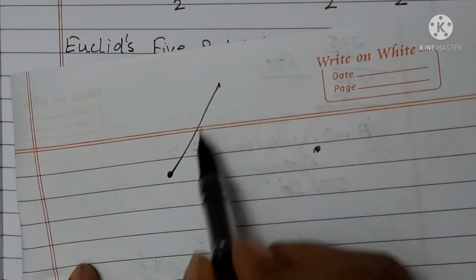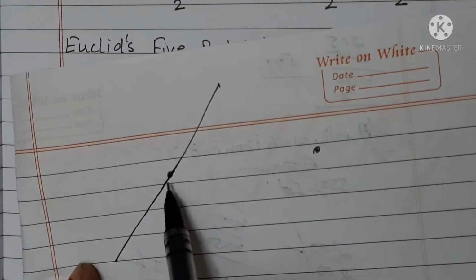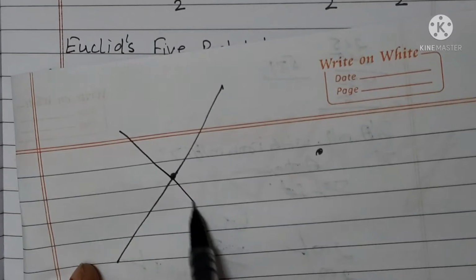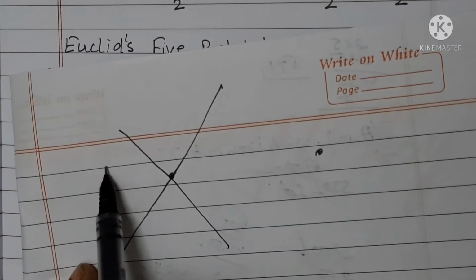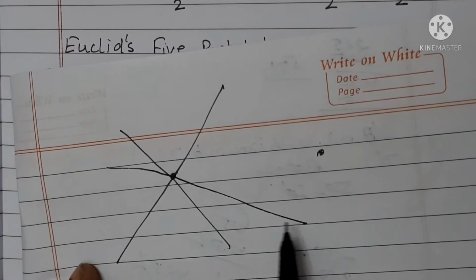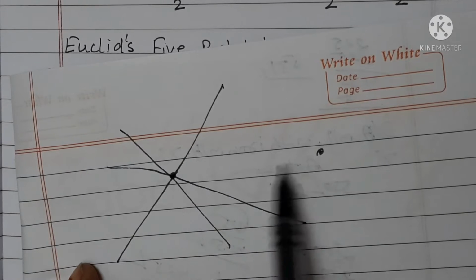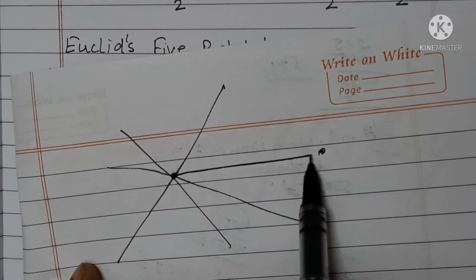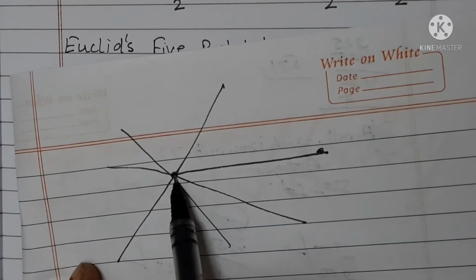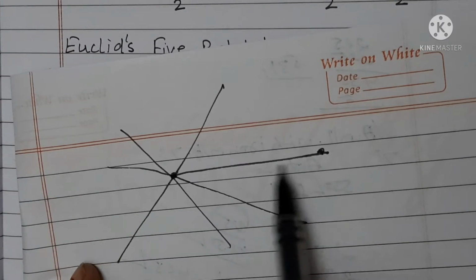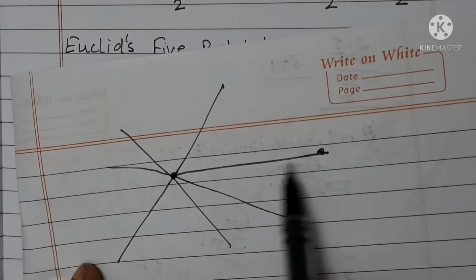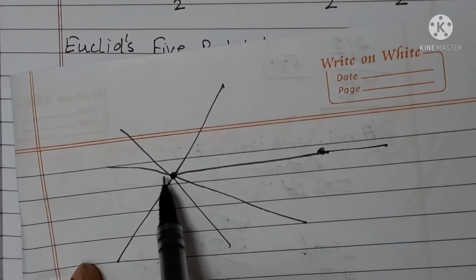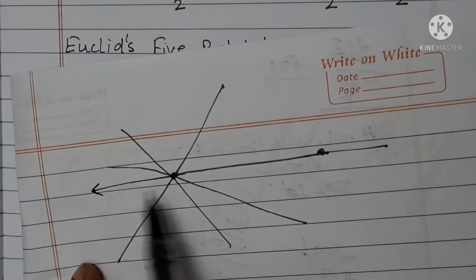Suppose you draw like this, extend it, one more line like this. From these two points only one line can pass, or you can form only one line, extended in both directions.